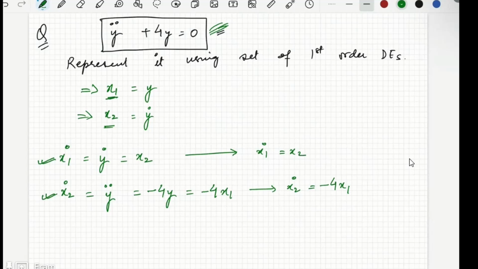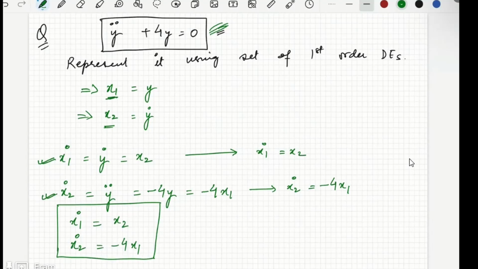Now in this set of first order differential equations that we have just derived, which is x1 dot is x2 and x2 dot is minus 4x1, what change of variables have we performed?